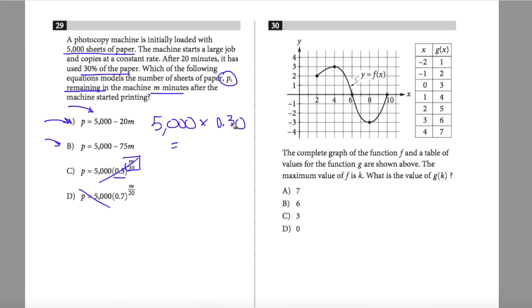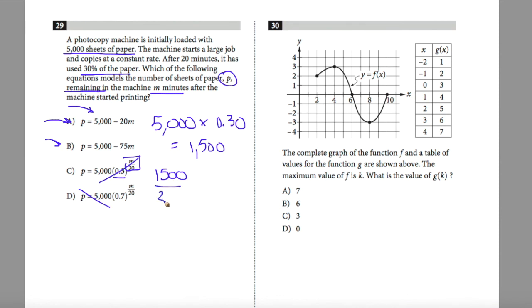Now if I break this down, for a quick estimate, you're more than welcome to use your calculator to make it easier, but if I break 5,000 down into 10 parts, which becomes my 500, then I simply multiply 500 times 3, my 30%, and that's where I'm getting my 1,500 from. I need to calculate the number of sheets per minute.